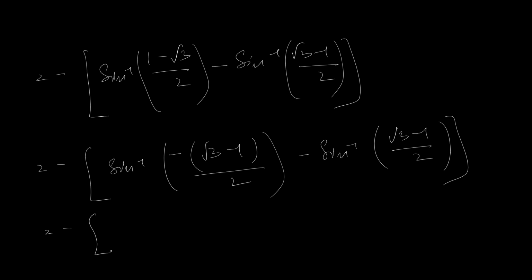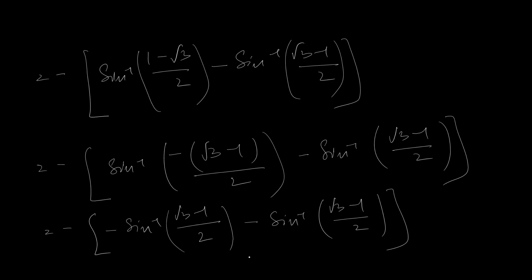Now you see, sin⁻¹(−x) is −sin⁻¹(x). So here it will be −sin⁻¹((√3 − 1)/2) minus sin⁻¹((√3 − 1)/2). The bracket is closed. So minus minus, these two are like terms carrying the same sign, so I will have to add them.